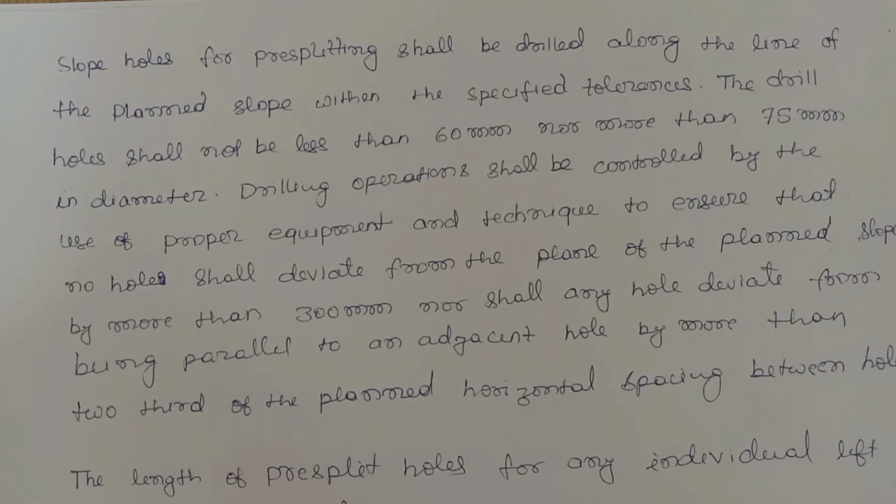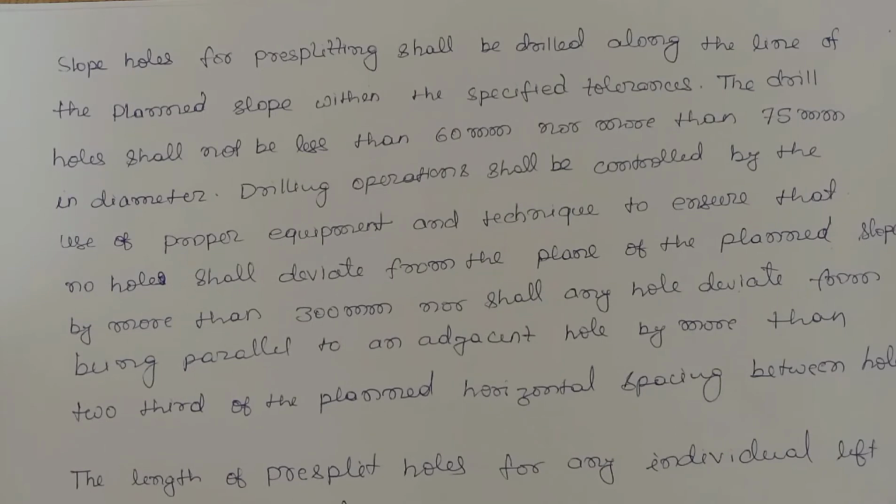Slope holes for pre-splitting shall be drilled along the line of the planned slope within the specified tolerance. The drill holes shall not be less than 60 mm nor more than 75 mm in diameter.